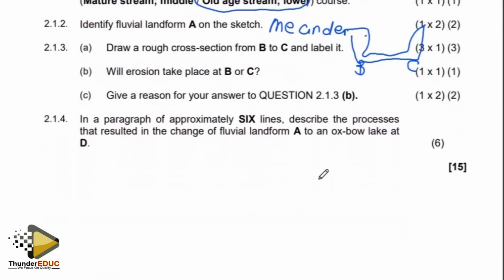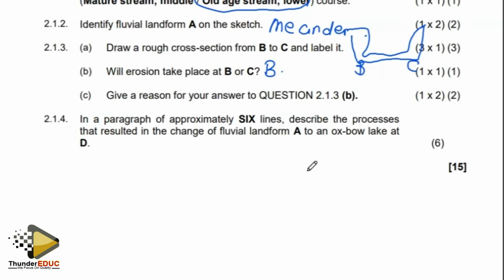So, which erosion takes place at B and C? Okay, when you look at the question, it says which erosion takes place at B or C? Will erosion take place at B or C? No, the erosion will take place at B. It won't take place at C. Give a reason for your answer in question 2.1.3.